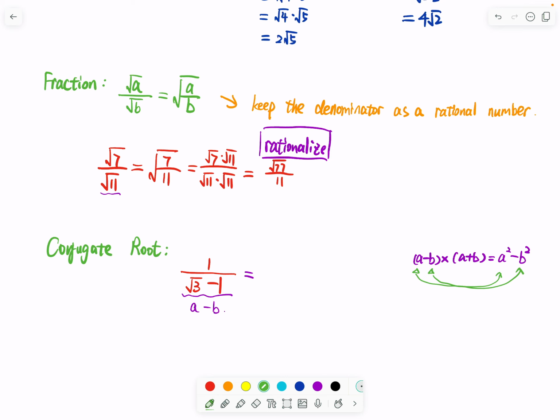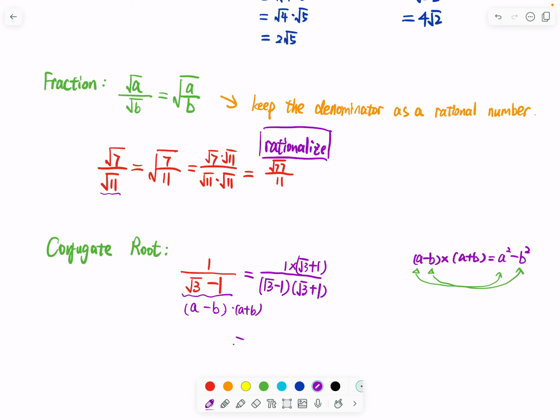So now let's do it. For root 3 minus 1, this is a minus b, so I need to multiply by a plus b, where a equals root 3 and b equals 1. So I multiply by root 3 plus 1, and on the numerator we also multiply by root 3 plus 1. The denominator becomes root 3 squared, which is 3, minus 1 squared, which is 1. The numerator becomes root 3 plus 1.